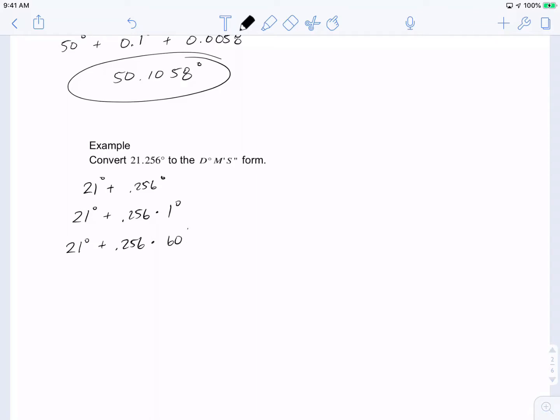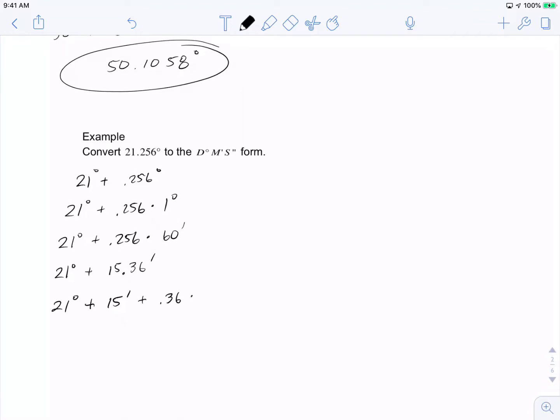60 minutes. And then when we multiply that, we're going to get 21 degrees plus 15.36 minutes. But we don't want decimals for minutes, so we're going to convert that and get 21 plus 15 minutes plus 0.36 times 60.